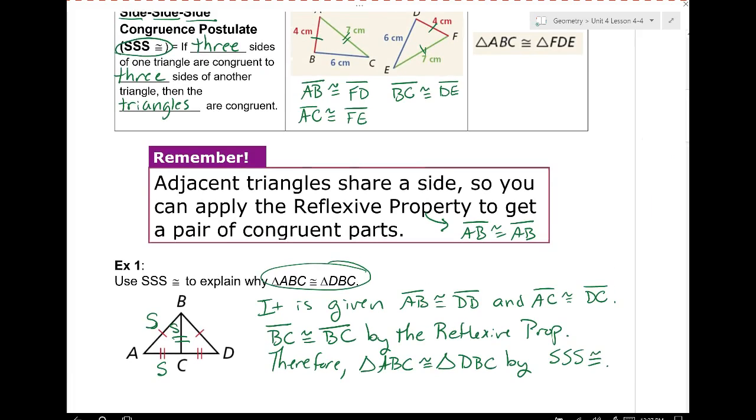What did I draw in the hypothesis part of the postulate up above? Didn't I show 3 pairs of congruent segments? In my statement right here, how many pairs of congruent segments did I write down? So did I fulfill the hypothesis? Yeah, that's how it's congruent. That's not hard. Basically, didn't you just do a quick proof? Yeah, you just did a quick proof.